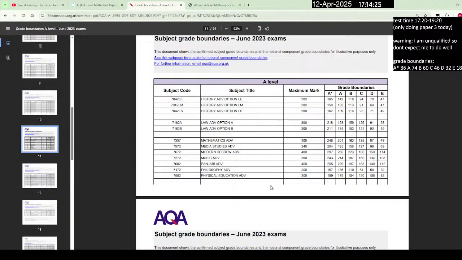Although if I couldn't get an A for some reason, then I'd probably be getting a B, which I only need 20% for. There's no way we're getting worse than 20%. So at worst, I'd still be getting a B, but I'm aiming for an A. 58. Could I do that today? That's really the question. Based on paper 1 and 2, I should be able to get an A overall since I got an A for those papers individually.